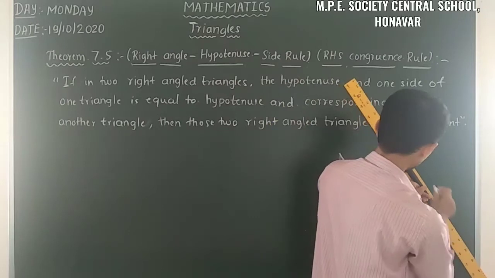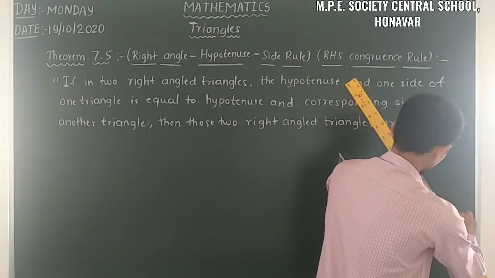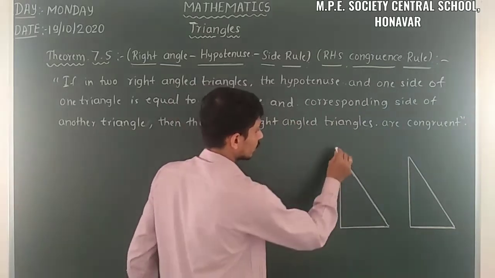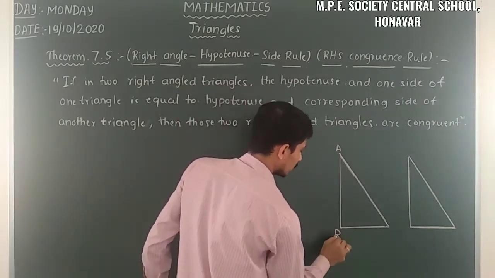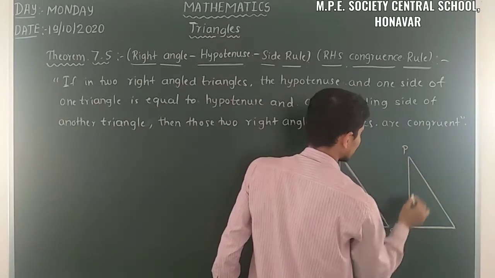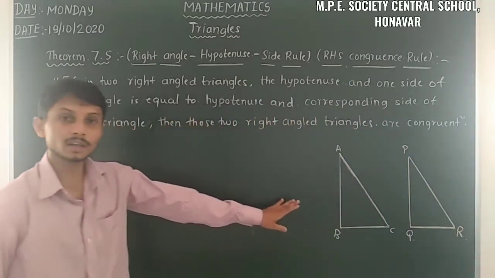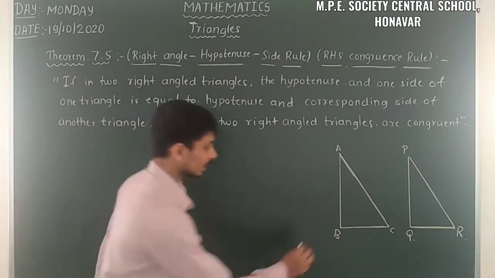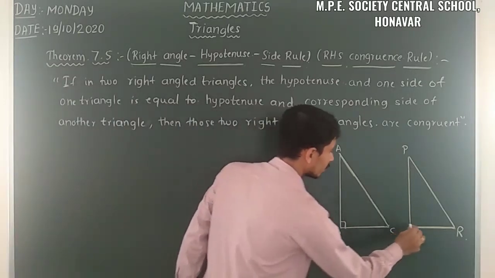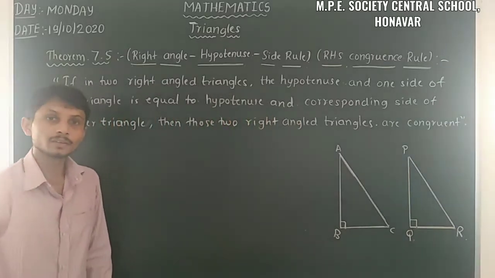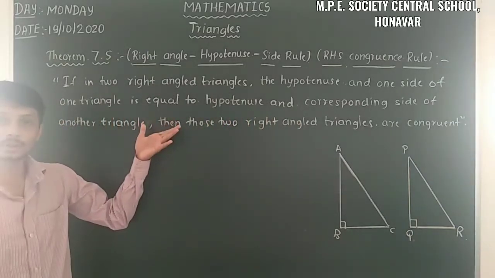I am taking this one as triangle ABC and this one as triangle PQR. Those two are right angle triangles, right angle at B here and right angle at Q here. Then we have to take the RHS congruence rule.